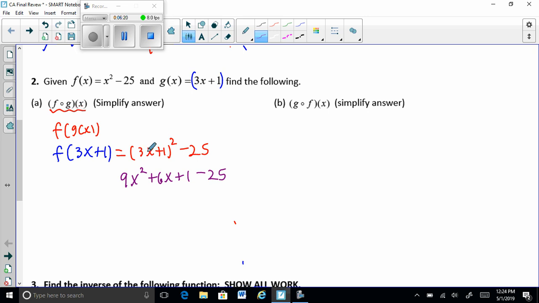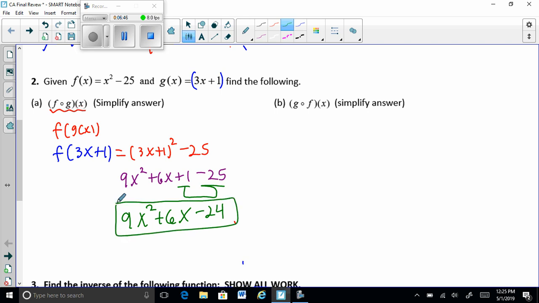So you square the first one. So 3 squared is 9, x squared, multiply this and double it to a 6x, and then square the last one. Then we have that minus 25, so we'll go ahead and combine those constants right there. So my final result is 9x squared plus 6x minus 24.